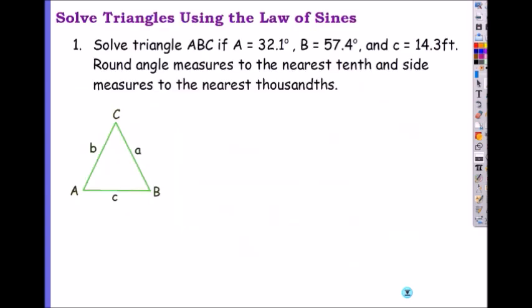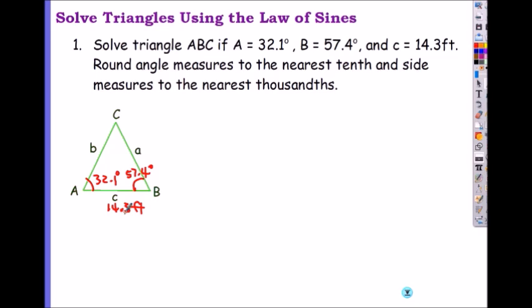Okay. So solve the triangle ABC if angle A is 32.1 degrees and B is 57.4 degrees and side C is 14.3 feet. So this one, can we use law of sine?